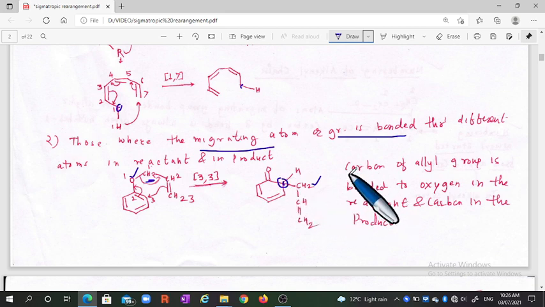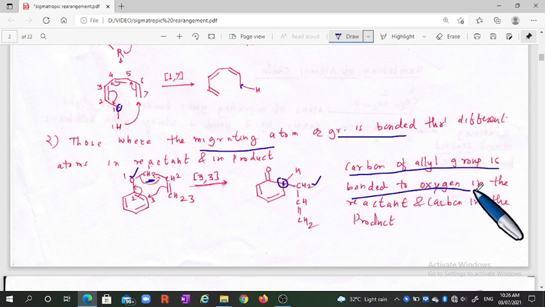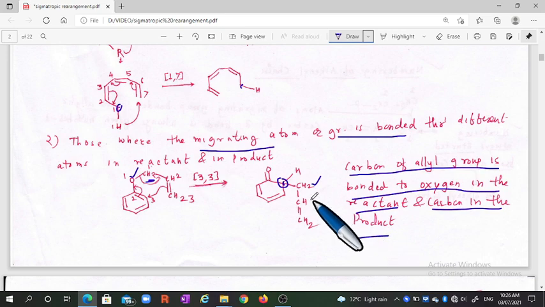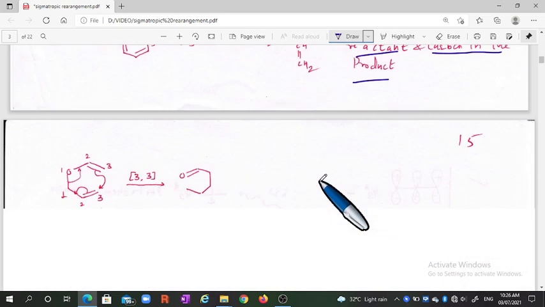Therefore the carbon of the allylic group is bonded to oxygen in the reactant and to carbon in the product. That is the other type of sigmatropic reaction.